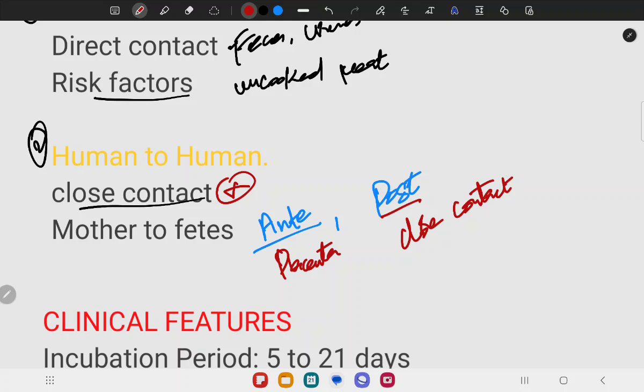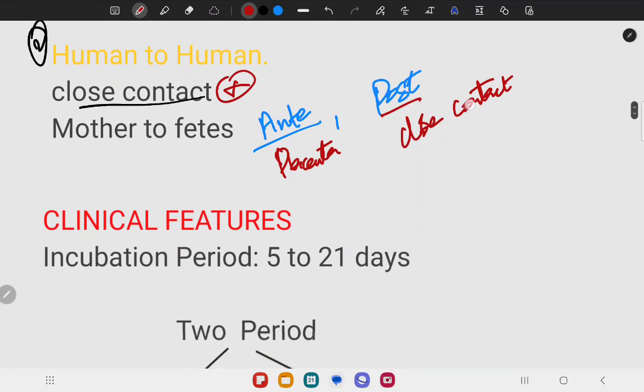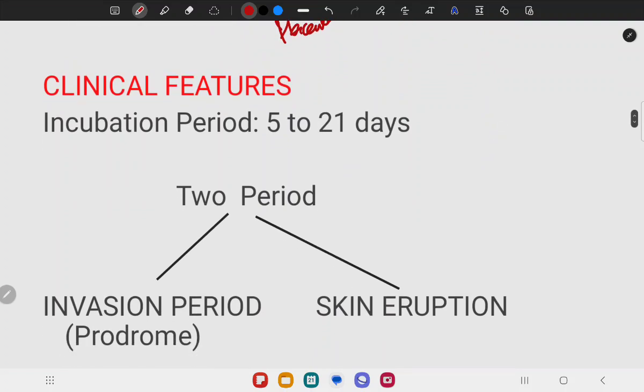Then regarding clinical features, once the virus enters the body, like some other viruses, it will have an incubation period of 5 to 21 days. It is divided into two periods.